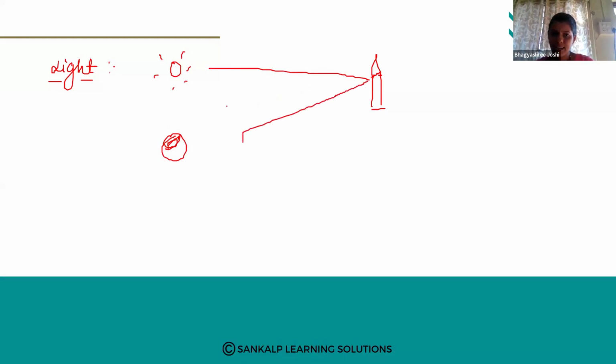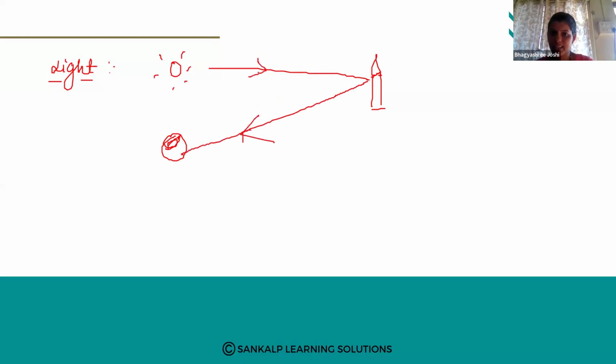See, when light falls on a certain object, for example, here one object is there, and here one sun is there. When light falls on this object and you are standing here, it reflects. Yes or no? It reflects. The reflected ray reaches our eyes.